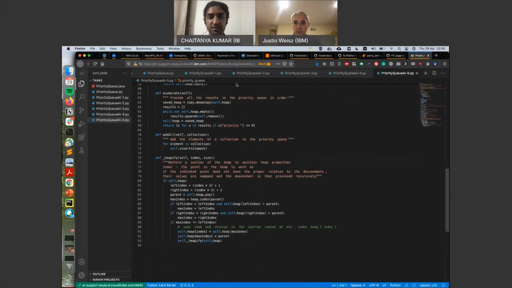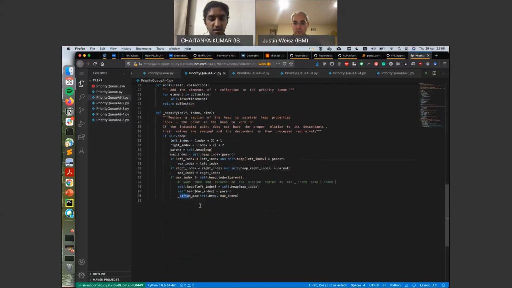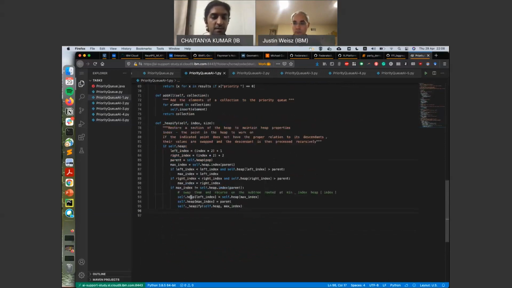For some reason, the first three translations have a different method, and they're supposed to just recurse on the same method, but only these two have it. That's what I was deliberating at that point.